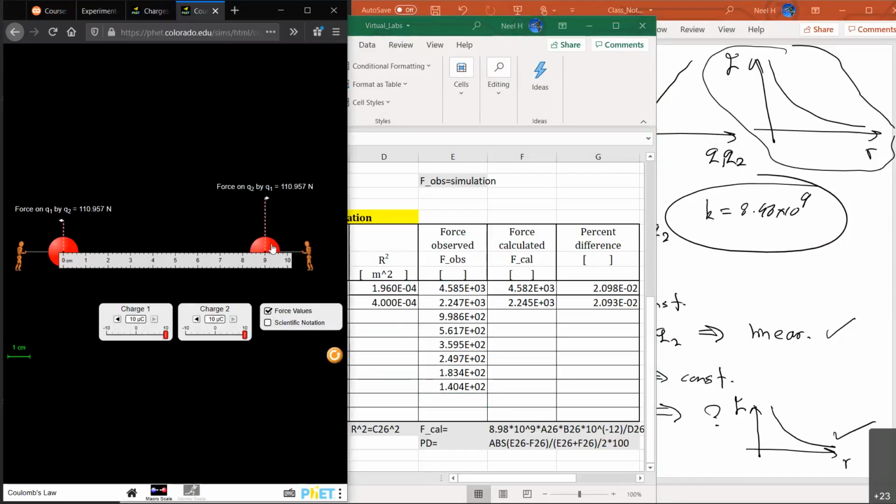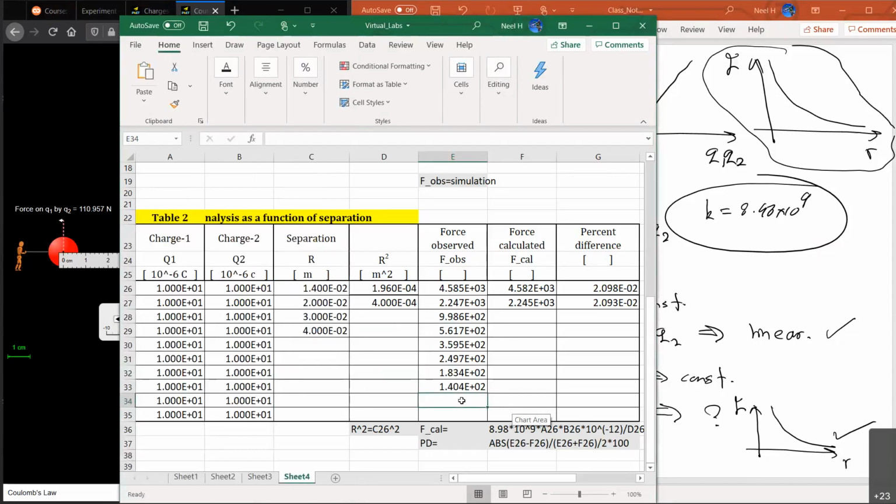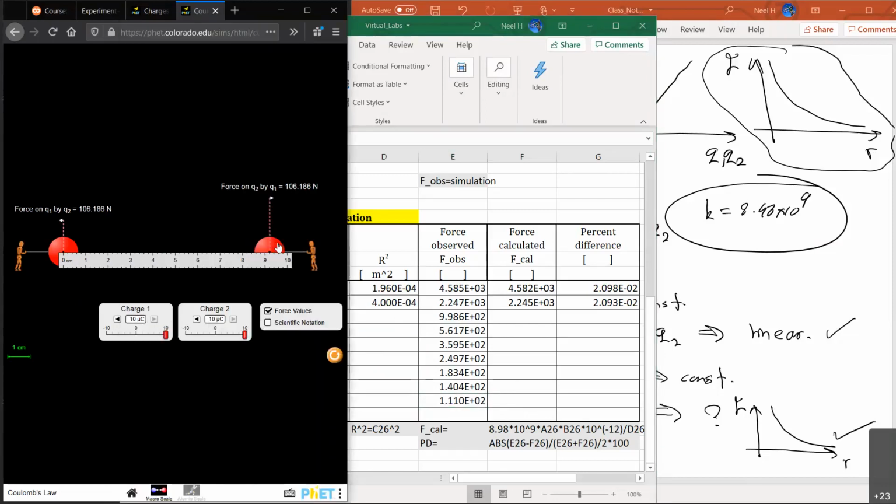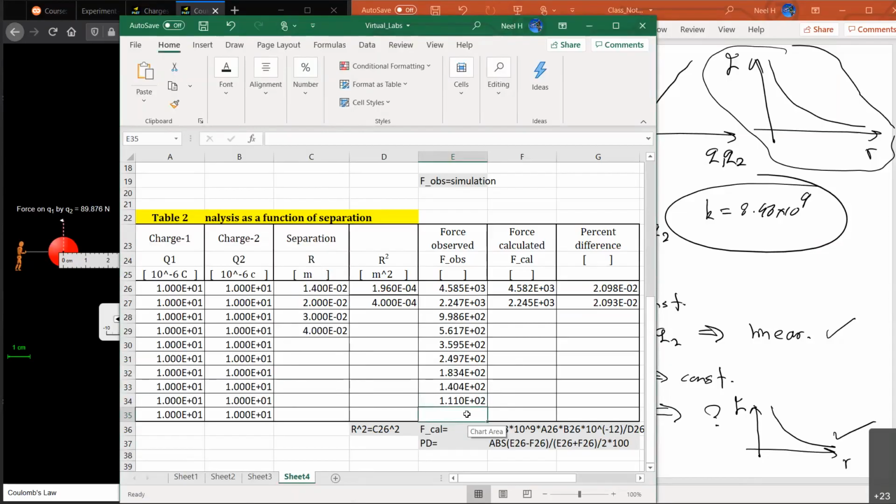9 centimeters, 110.95. 10 centimeters, that's the maximum we can go in the simulation, 89.87.